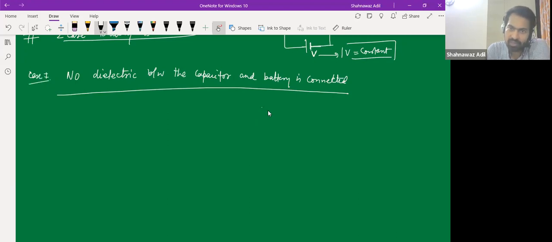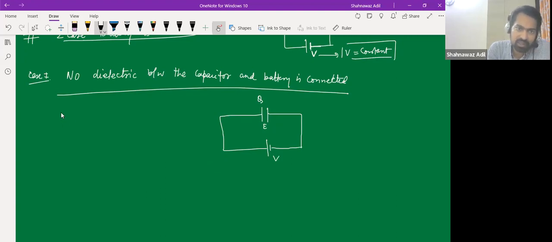We have this capacitor and the battery connected. This has some charge Q, an electric field, and voltage V. First, what would be the capacitance? Air is between the plates, so it is A epsilon naught by D. Let's say this is C naught.